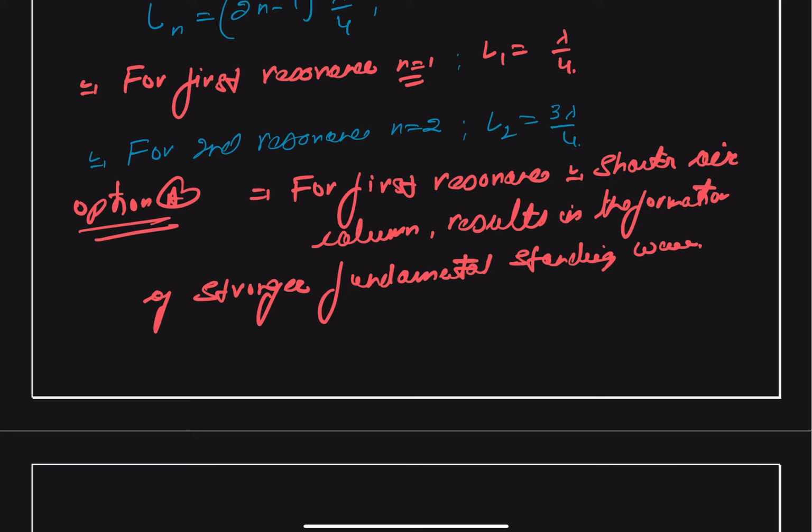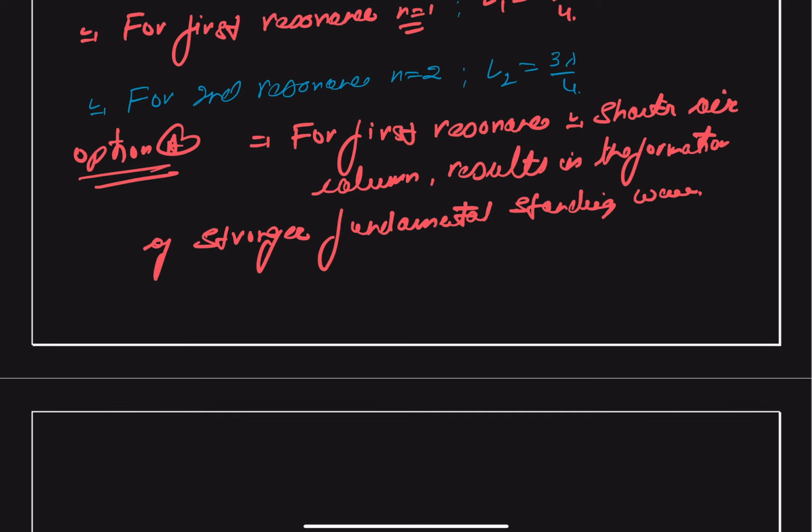At higher resonances, we can say at higher harmonics, for example the second resonance, the damping effect increases, which leads to weaker intensity of the second resonance.